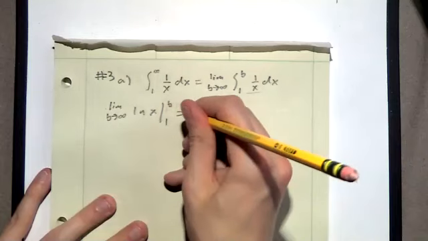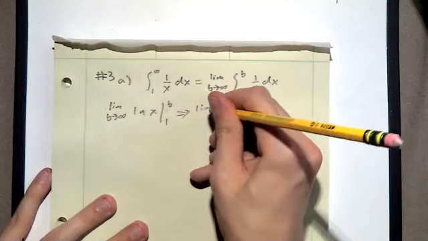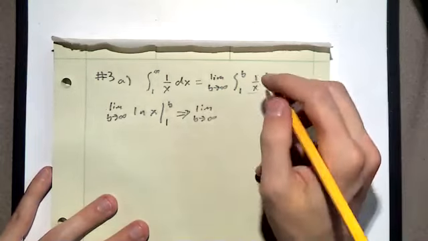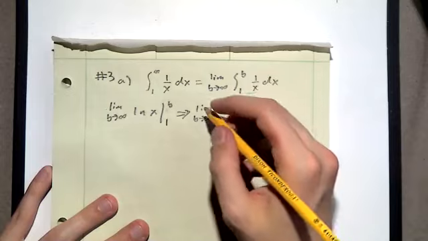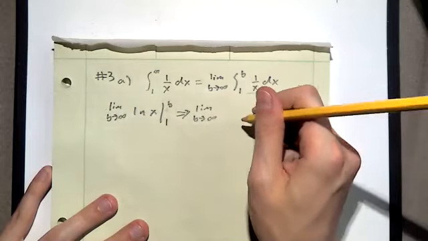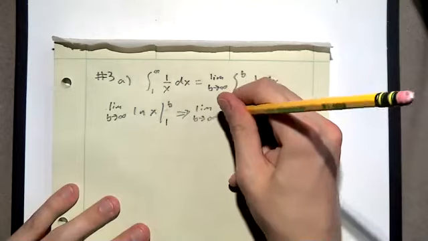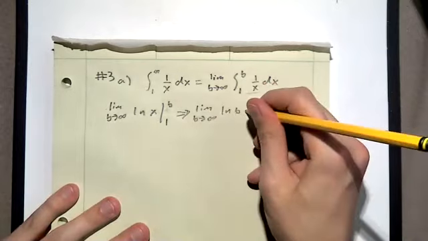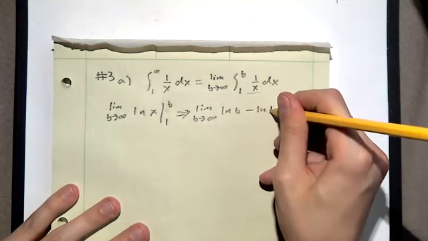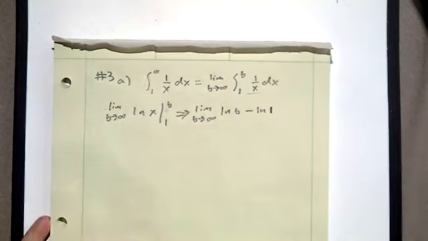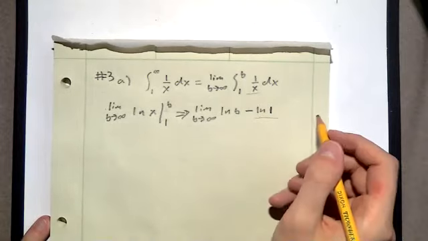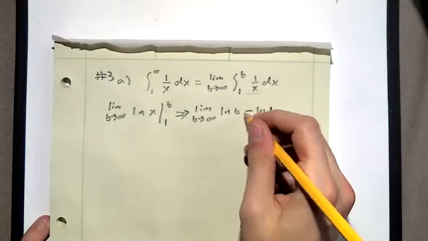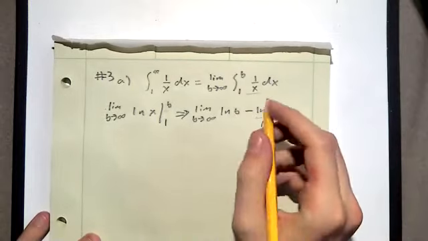So then this is equal to, again, limit. I always get sick of writing the limits while doing these. So we do limit b approaches infinity of natural log of b minus natural log of 1. For those of you who know, natural log of 1 is just 0. And then natural log of b, well, we just have natural log of b.